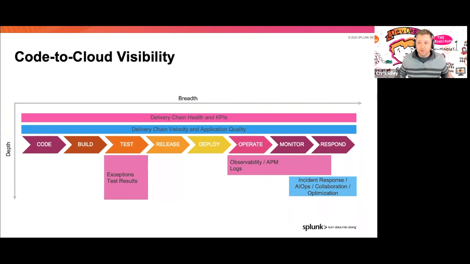So one of the things we see with pipeline analytics is that the security professionals are speaking the same language as the developers, and they can go and look up this information without getting in the way.